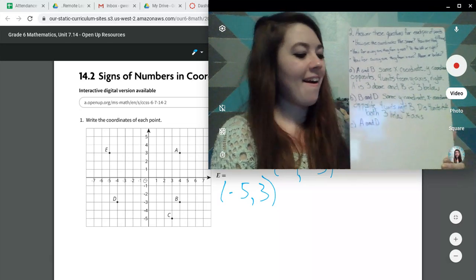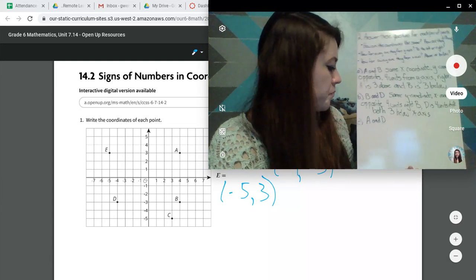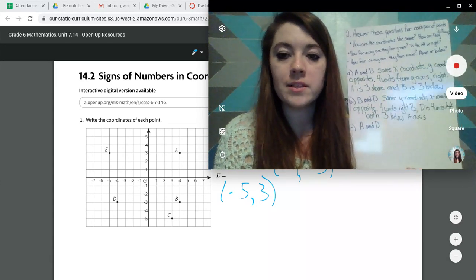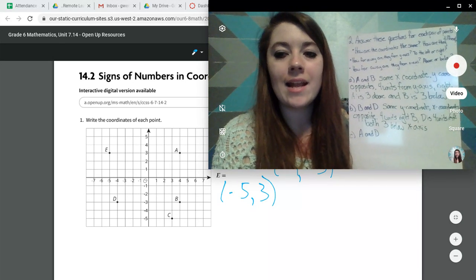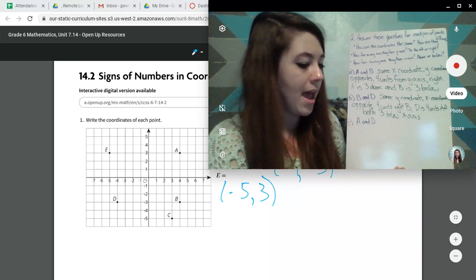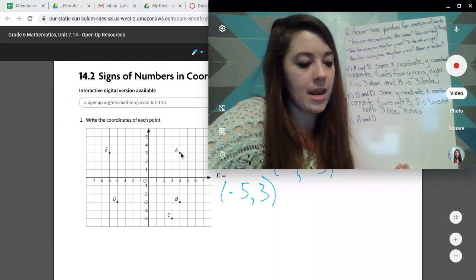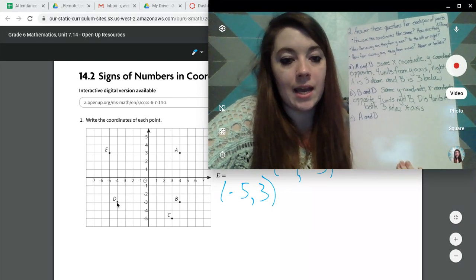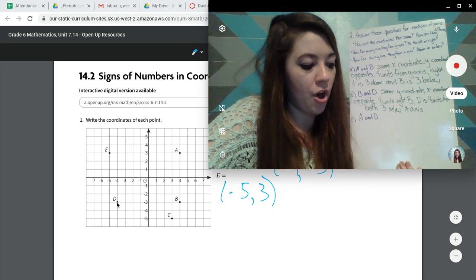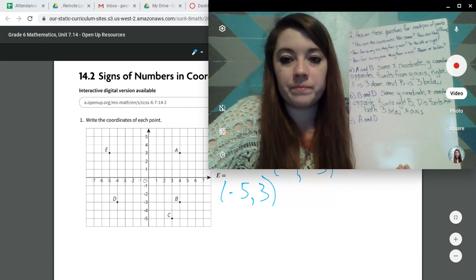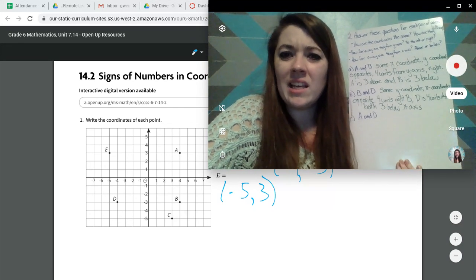Excellent. All right, and next two, and our last one for this part, is looking at A and D. So for A, remember, A is the point 4, 3, and D is the point -4, -3. So what do they have in common? Kind of nothing, right?